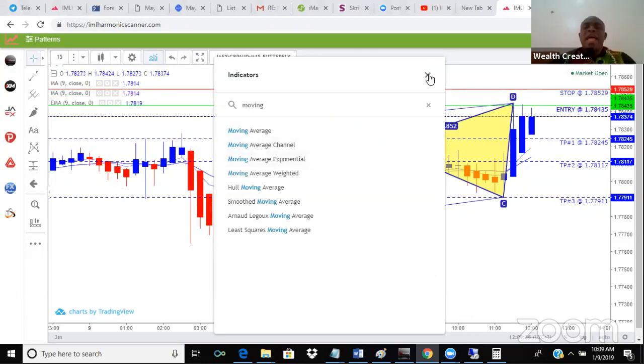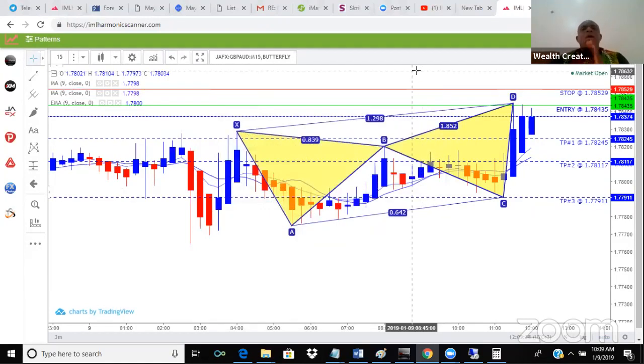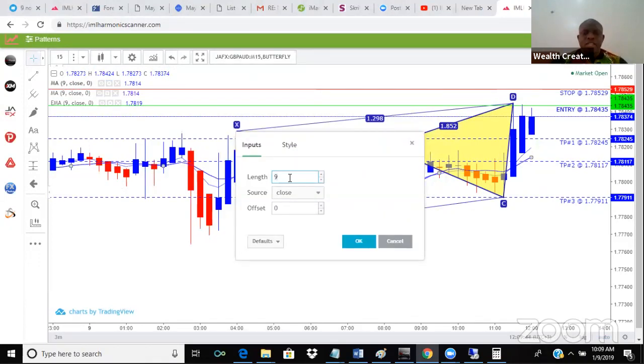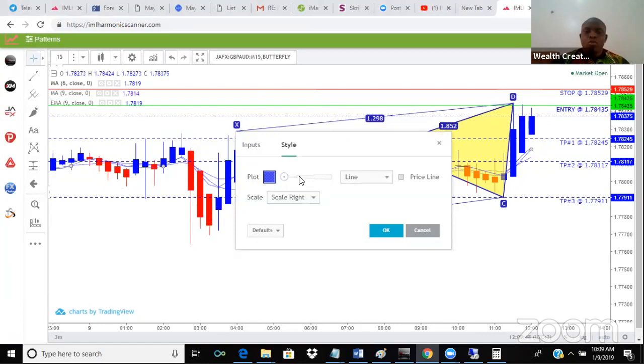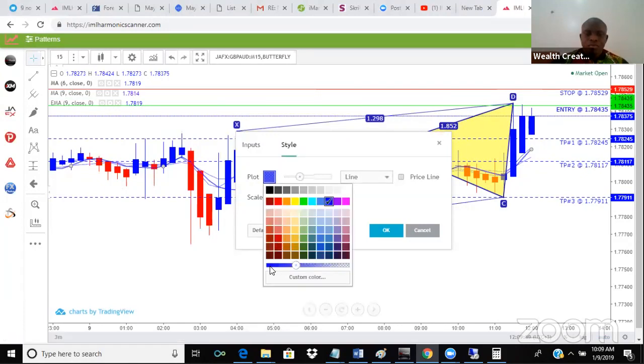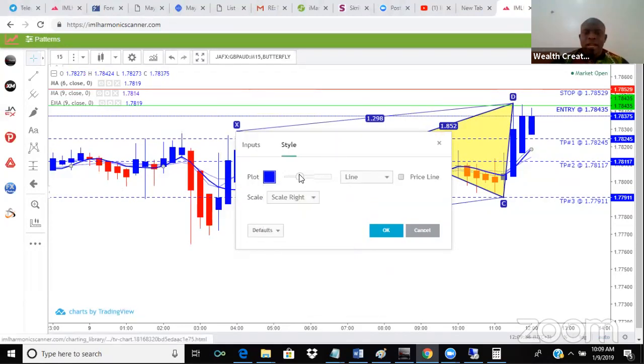Now that I've put in the exponential moving average, I want this to sort my trend. So I will change my first moving average to 6, and the color I will change to blue. I will make it thick and bolden the lines, and click OK.